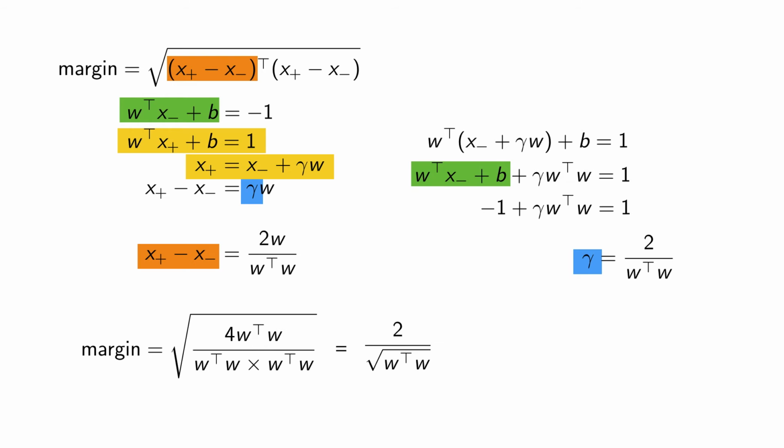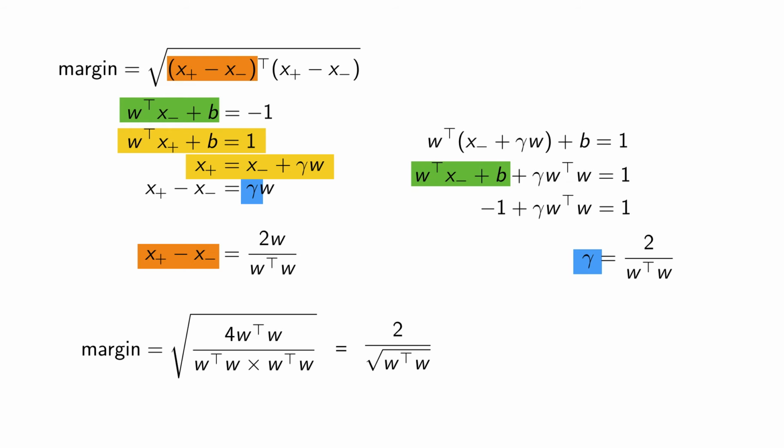So that's it. We now have derived, from reasoning about two imaginary points that sit opposite each other on the margin boundaries, that the distance between the two classification regions for positive and negative classes, or the margin, is exactly 2 over the square root of w transpose w.